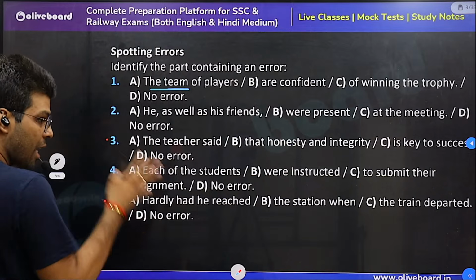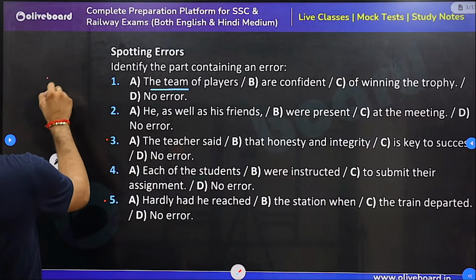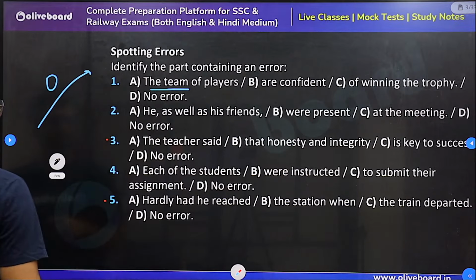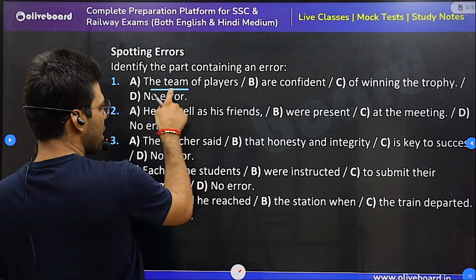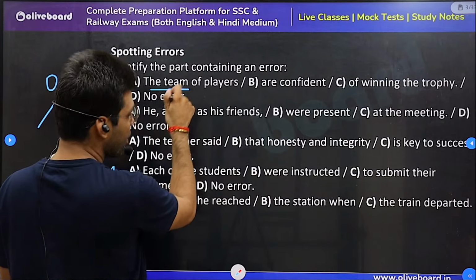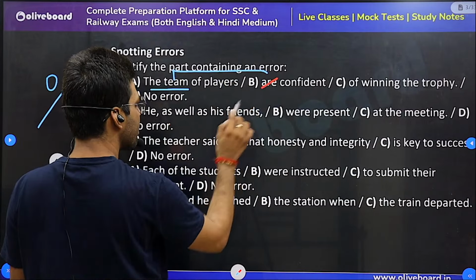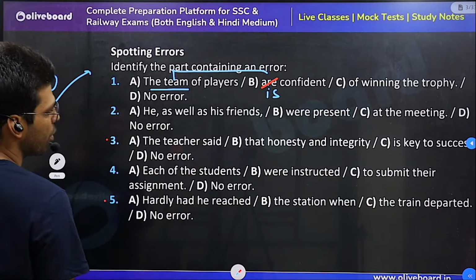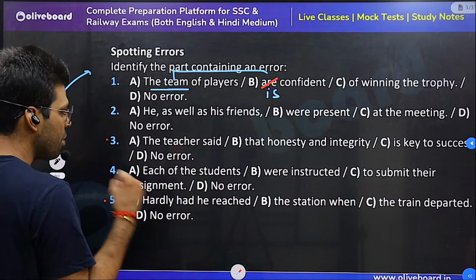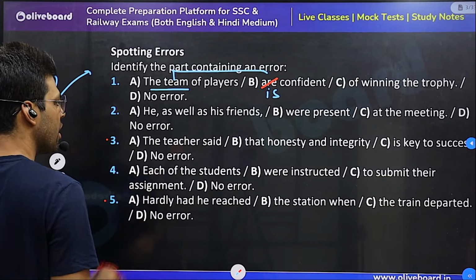No, we are starting from scratch, explaining everything from the basics. That's why the team of players is not the subject here. The subject is team, which is a collective noun, by default singular. Yes, if it is divided, then it becomes plural, which is not the case here. The team of players is confident of winning the trophy.